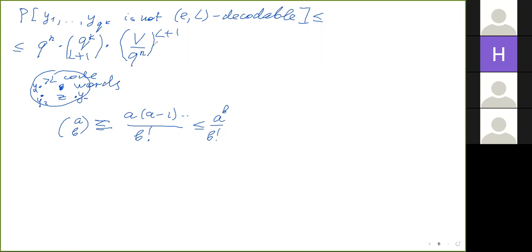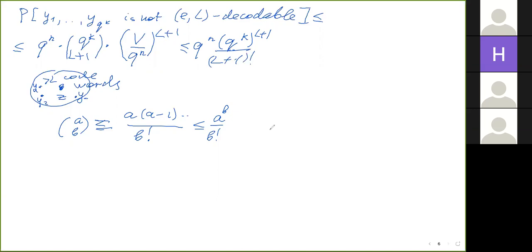Very simple bound. And this will be used for this binomial coefficient. So we obtain at most q to the n, q to the k raised to the power of L+1 over L+1 factorial.